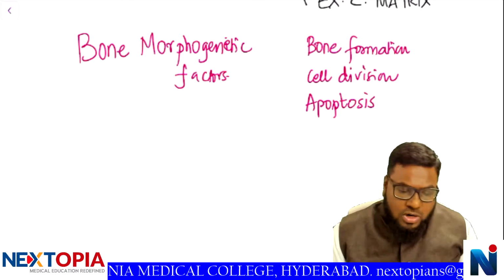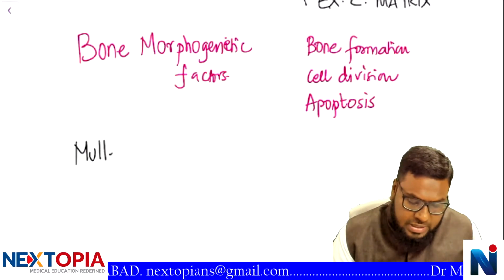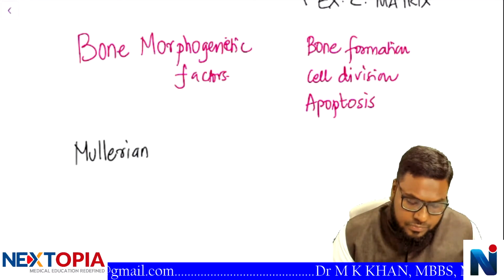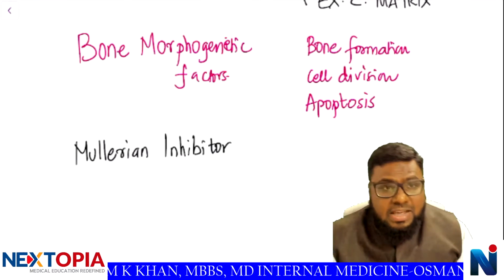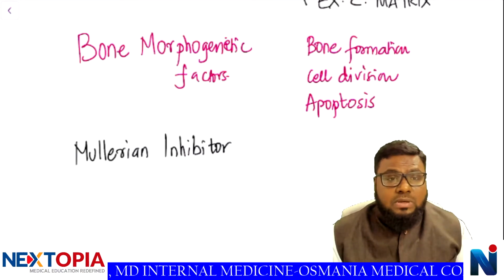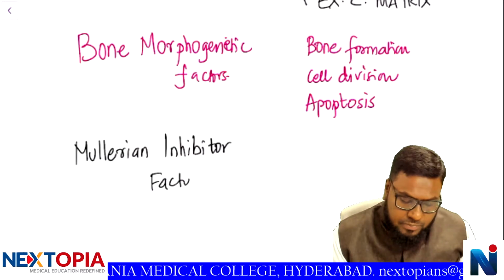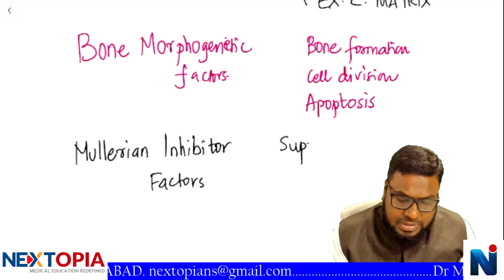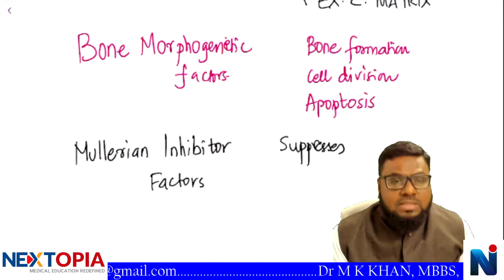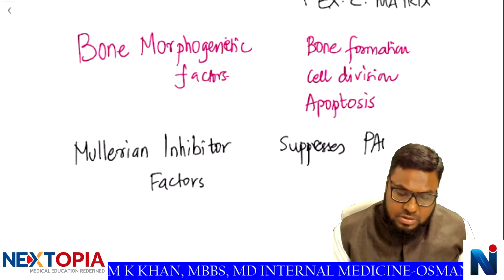Next, for example, we have Mullerian inhibiting factor. This is a very, very important growth factor. If this growth factor is absent, then the genitalia of the fetus will not grow properly. The name itself suggests that it is suppressing something. So what does it suppress? It suppresses the paramesonephric duct.